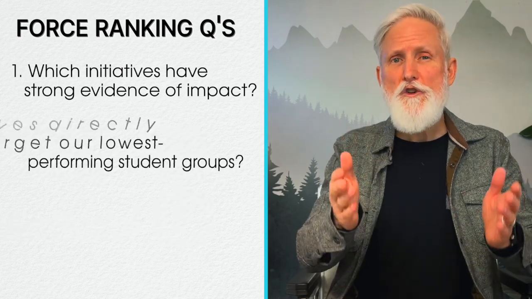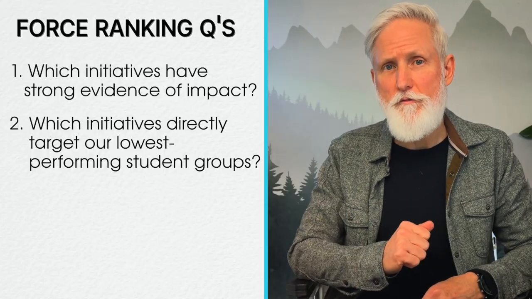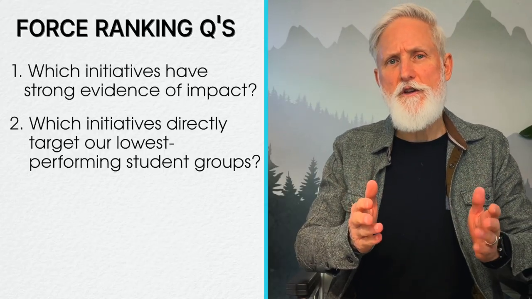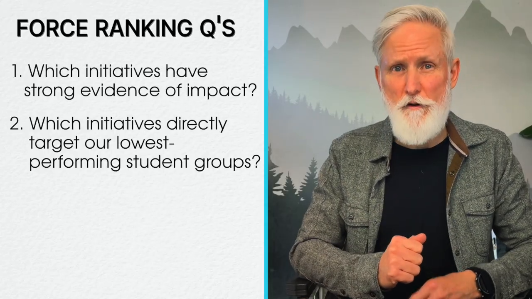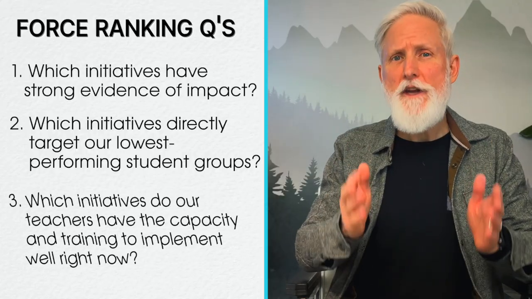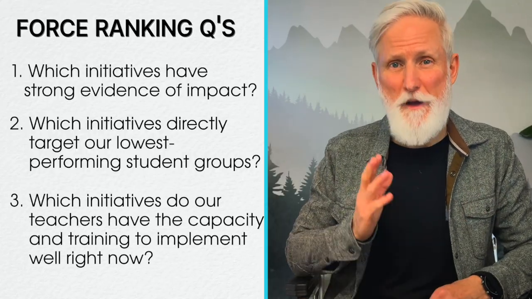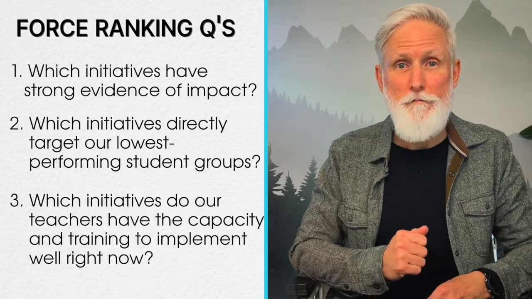2. Which initiatives directly target our lowest performing student groups? Structured literacy intervention beats enrichment programs when 40% of your 3rd graders read below grade level. And question 3, which initiatives do our teachers have the capacity and training to implement well right now?